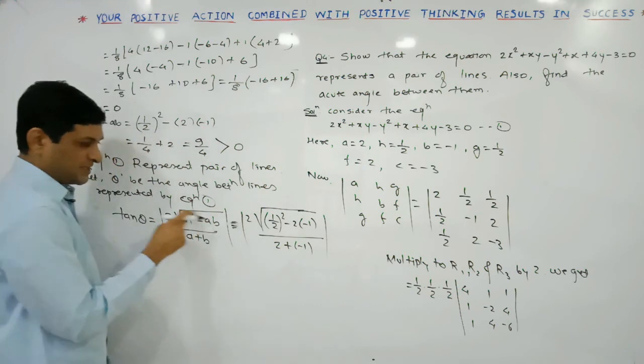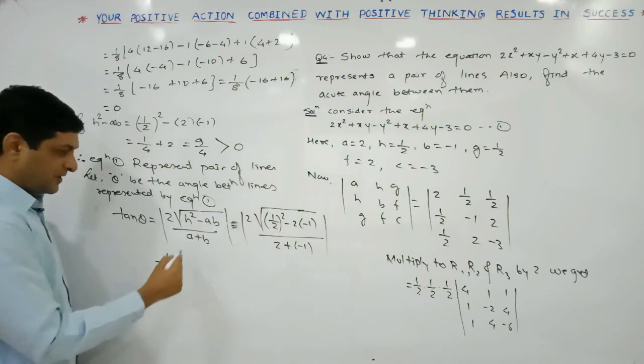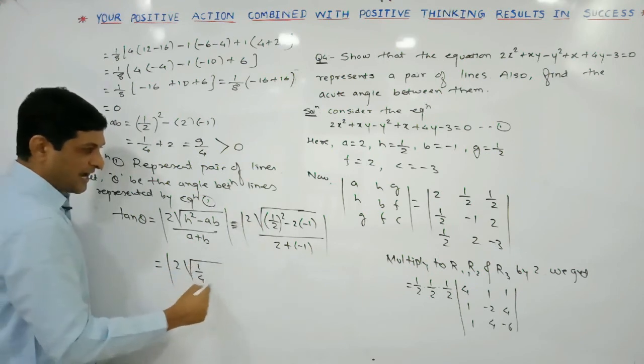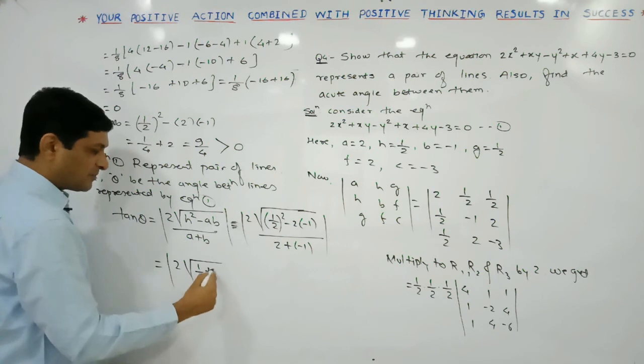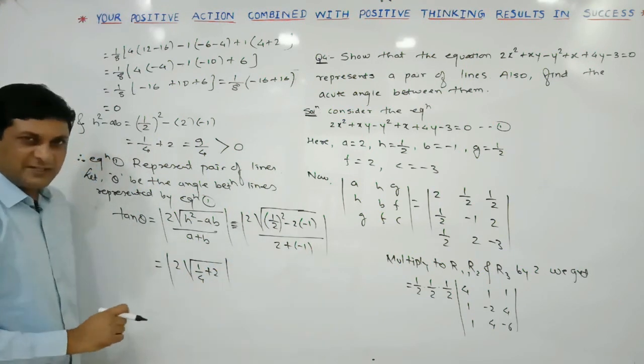Just we have substituted the value of a, h and b. Remaining part is the simplification part. See what we will get, 2, keep it as it is. Here square of 1 by 2 is 1 by 4 and minus into minus will become what? Plus 2. In the denominator 2 minus 1 will be 1, not necessary to write 1 in the denominator.